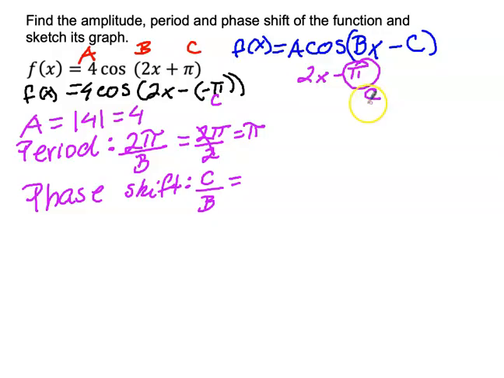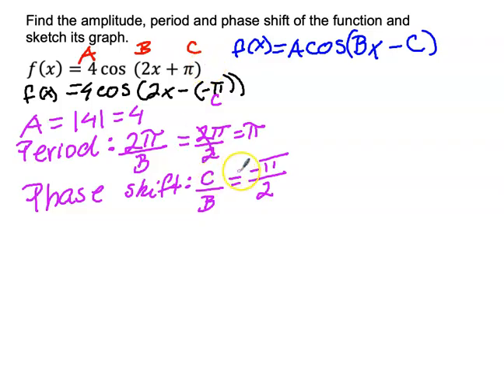But in this case, we did rewrite it as minus negative pi, so the c is negative pi over, and the b is 2. Now, some teachers might show first to factor the 2x plus pi. There are more ways to go about it, but I personally just like to leave it the way it is and just write c over b.